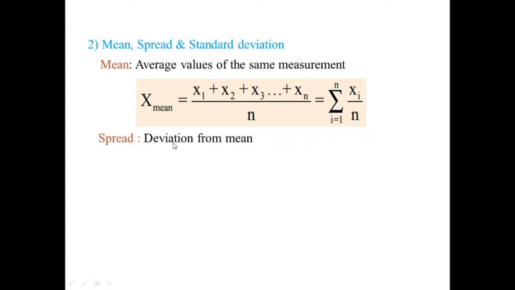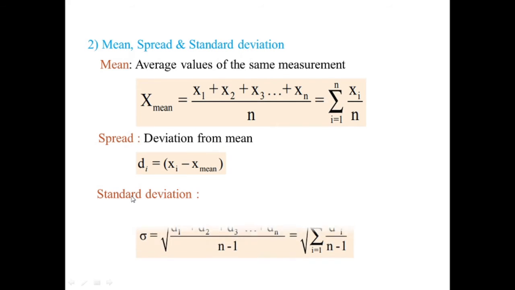Similarly, the spread is the deviation from the mean. At each instant, the value minus the mean provides the spread. So that gives information about how much it is deviated from the mean.